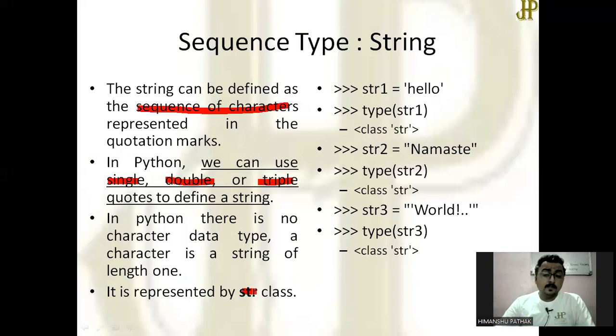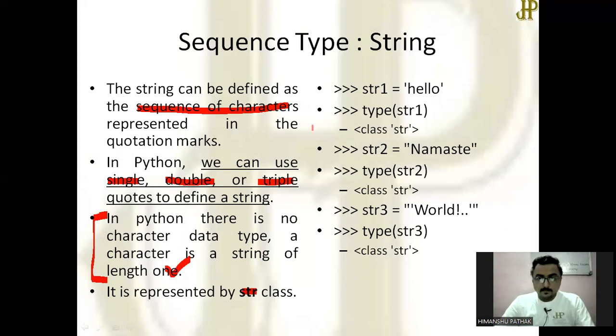Second thing to be remembered is that in C or C++, there is a data type known as char to represent a single character. But here, to represent a single character, you have to use a string. There is no other data type. That's why I have included that point. In Python, there is no character data type. A character is a string of length 1.